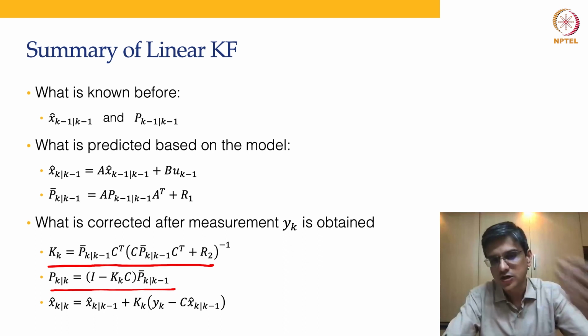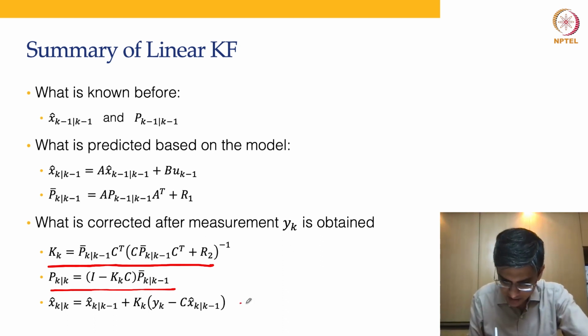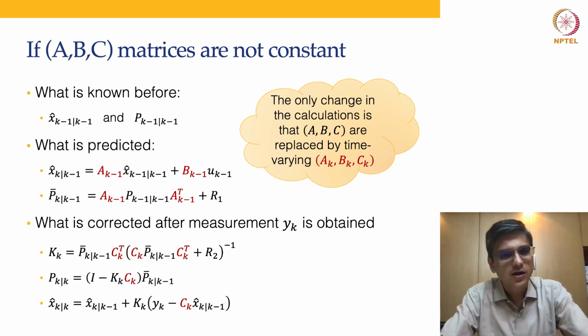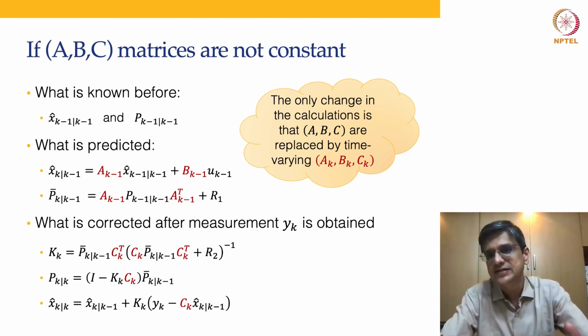So it all goes on recursively all the time, and this is the measurement correction that can be implemented. Okay, so the important thing is A, B, C matrices are not constant, so everything remains the same except that instead of A, B, C you are replacing them by A_k, B_k and C_k, and I have color coded it so that it is easy for you to see.